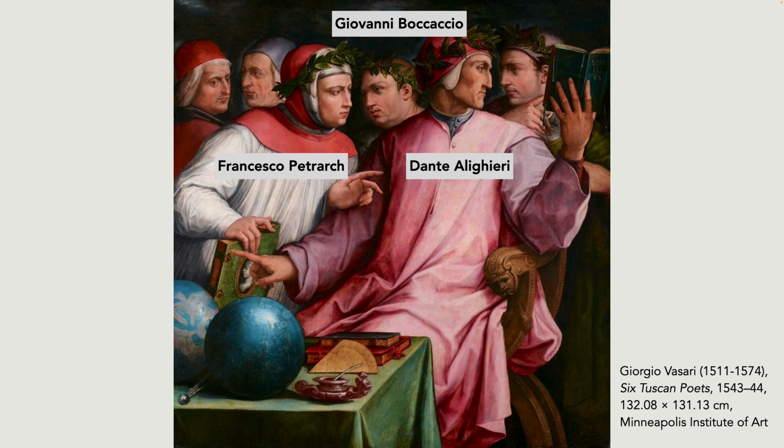To the left stands Francesco Petrarch, and Petrarch is holding a green volume, and on the cover you can see there's a cameo portrait of a woman in profile, likely meant to be Petrarch's muse Laura. And behind them is Giovanni Boccaccio, who's the author of the Decameron, a book which was begun in 1348 following the outbreak of the Black Death in Florence.